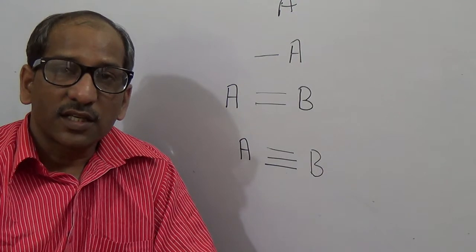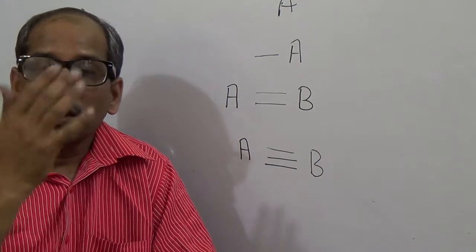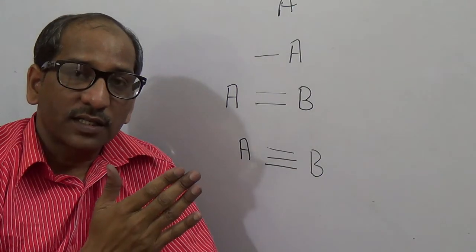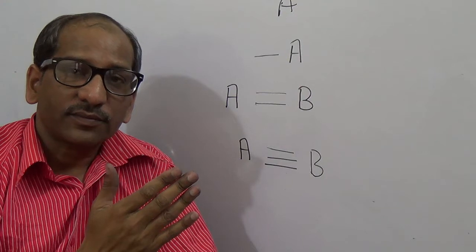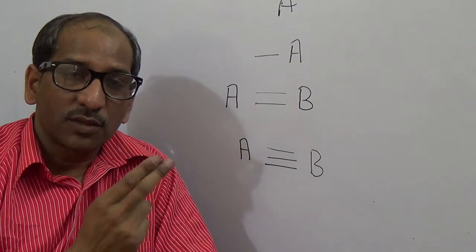And in the second case, where I am writing A is equal to B, you can see that A and B are two different letters in the alphabet, but these two lines are making them equal.